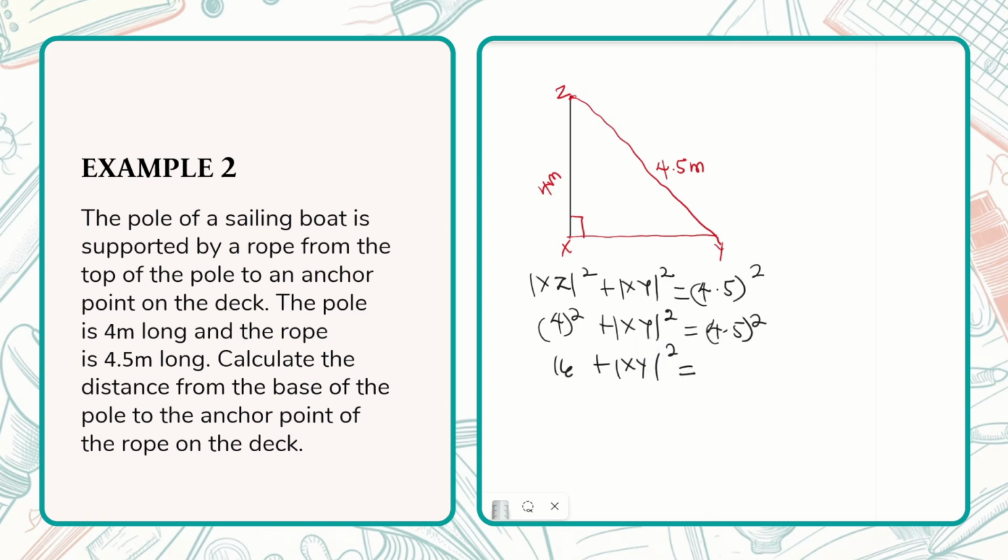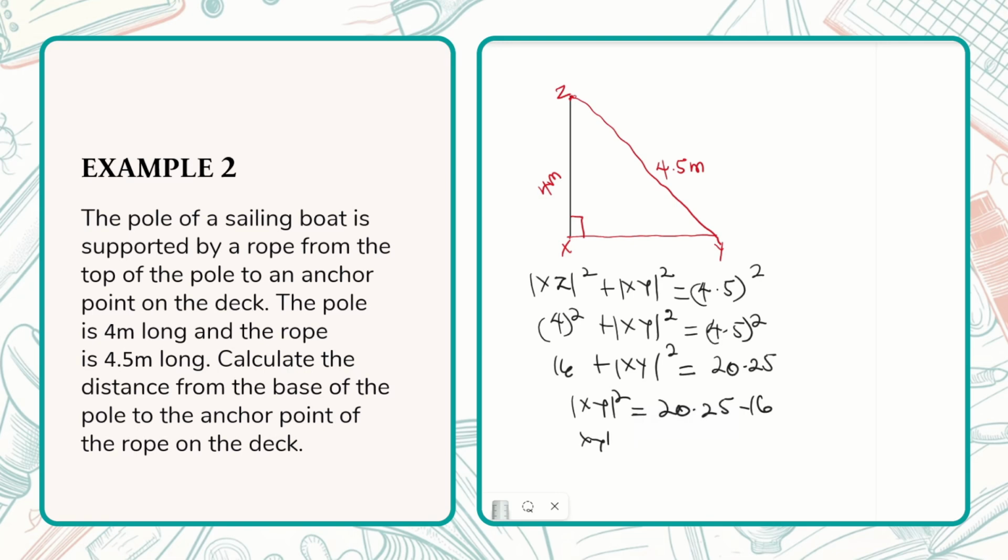So XY squared is equal to 4.5 squared, which gives us 20.25. That implies that XY squared should be equal to 20.25 minus 16, subtracting the 16 from it.